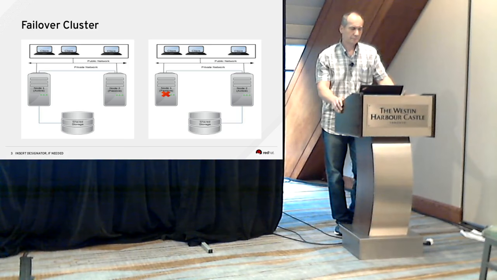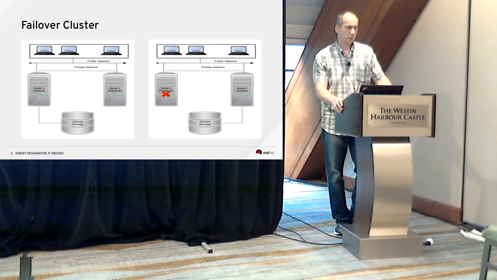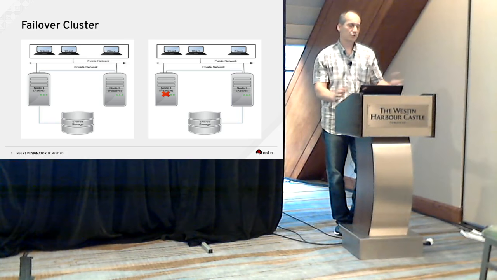And how it usually works: we have, let's say, node 1, which is currently active, and we have a request coming from a client. Then if for some reason node 1 crashes or is brought down, node 2 will take over, and from the client's point of view, it should be absolutely invisible.